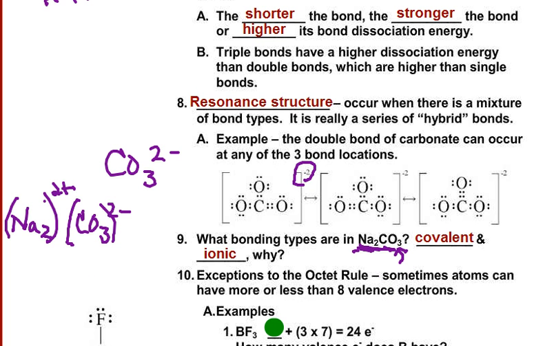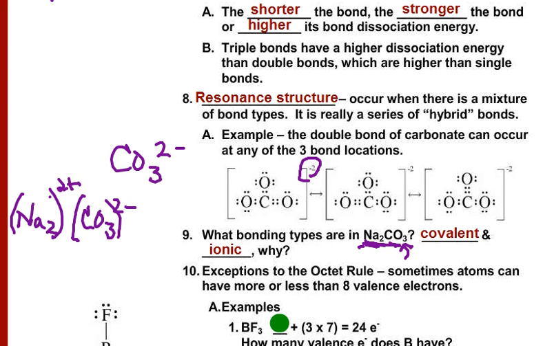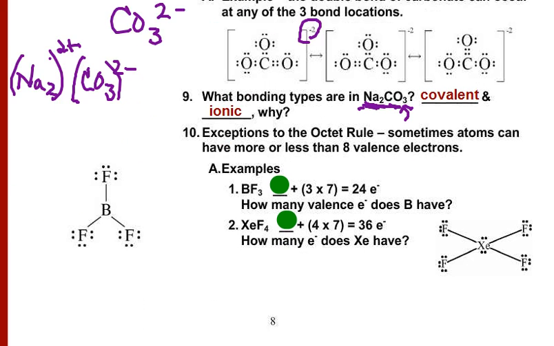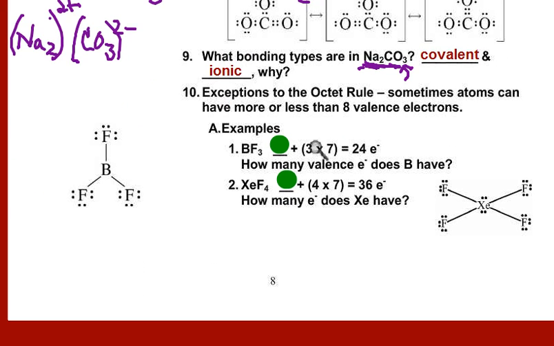Okay, so now we move on to the exceptions to the octet rule. Sometimes atoms can have more or less than 8 valence electrons, but these are unusual situations. One of them is boron. Boron is one of our semi-metals, and it only has 3 valence electrons, even though it can behave like a non-metal. When it does that, it will covalently bond with an extremely electronegative element like fluorine here that essentially rips these electrons away and pulls them in 3 directions.